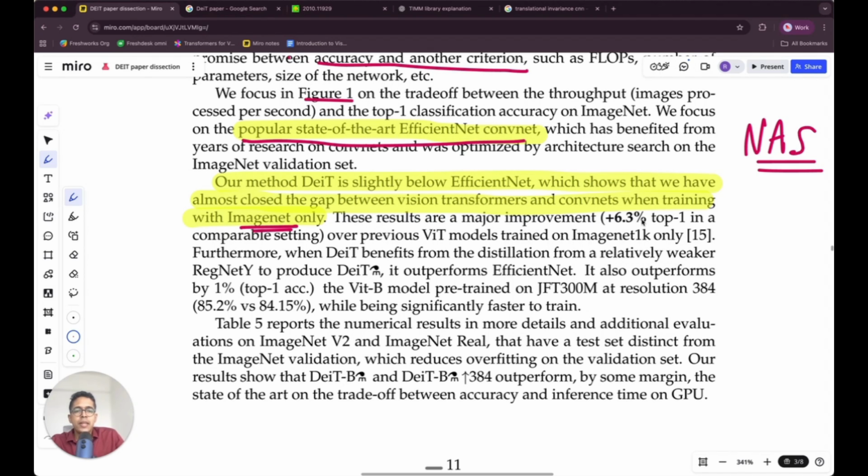These results are a major improvement, plus 6.3% improvement on top-1 in a comparable setting. Comparable setting meaning 86 million parameters over previous vision transformer models on ImageNet 1K only. Furthermore, when DeiT benefits from the distillation from a relatively weaker RegNetY to produce the DeiT distilled version, it outperforms EfficientNet. So basically, this is the other data point.